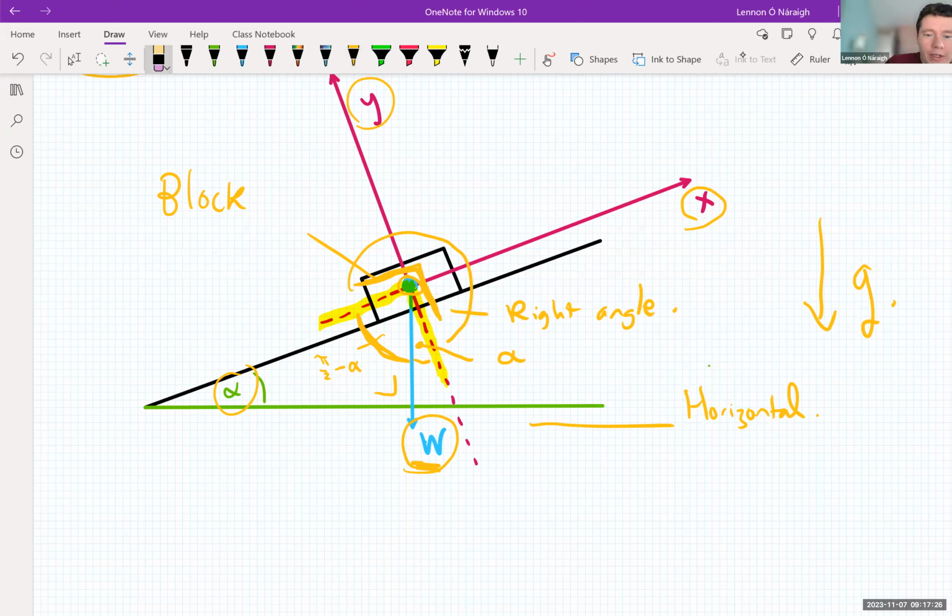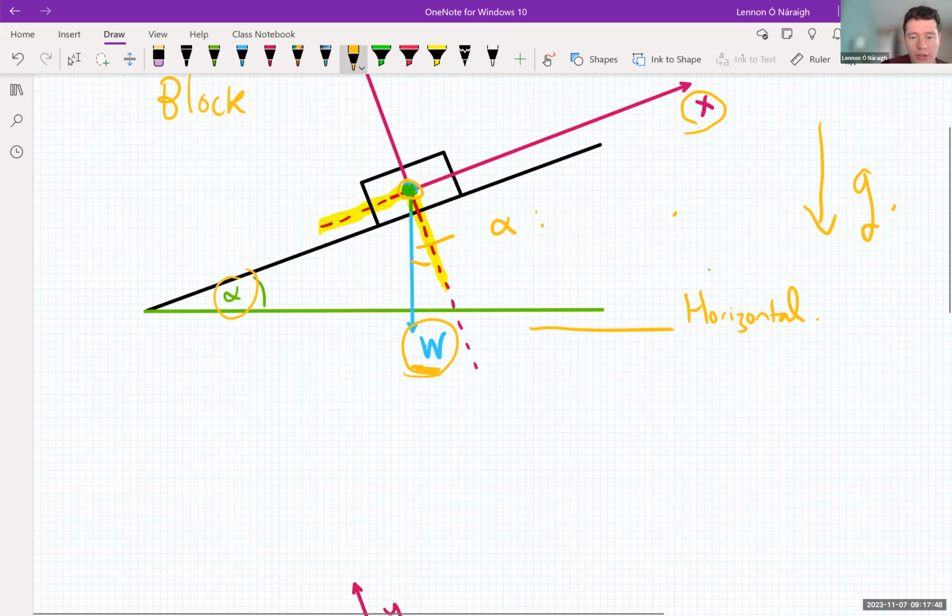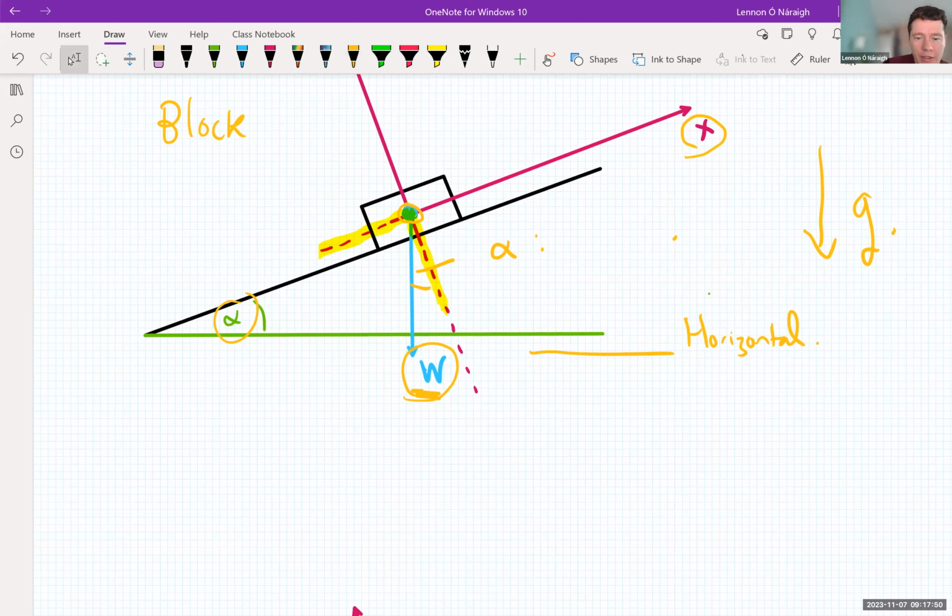So let's summarize where we are now, removing all of these intermediate steps. We've now shown that this angle in here is alpha. And now it's plain sailing, in a sense, because I can focus on those dotted lines that I had before.